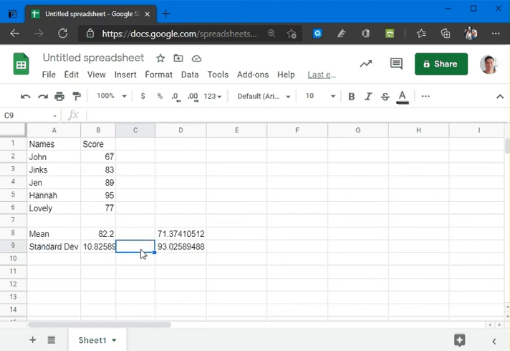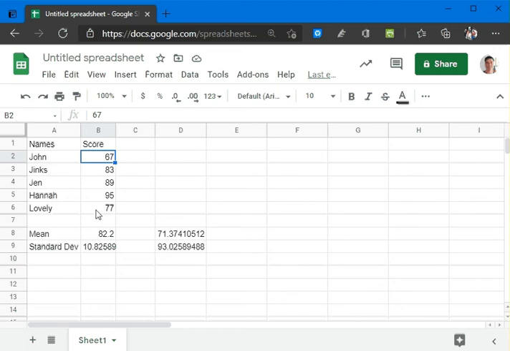So we could now analyze the scores, which are below normal, normal, and above normal. So the 67 score garnered by John here is below normal because it is outside the range. The range of normal is 71 up to 93.